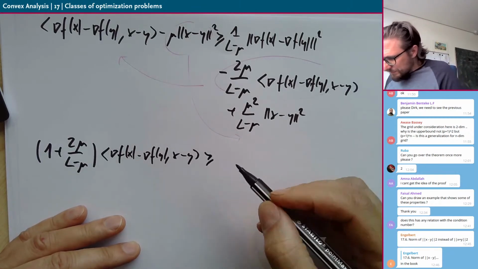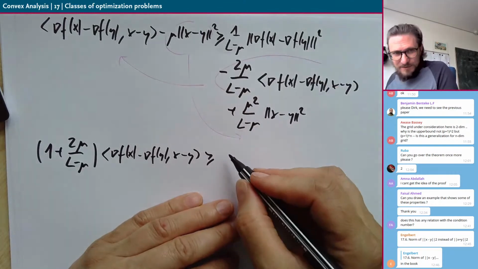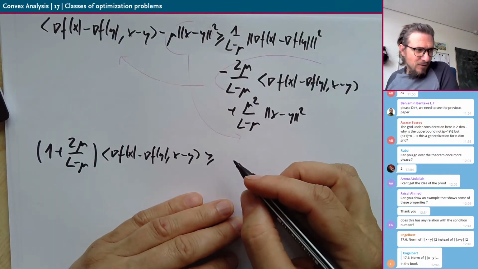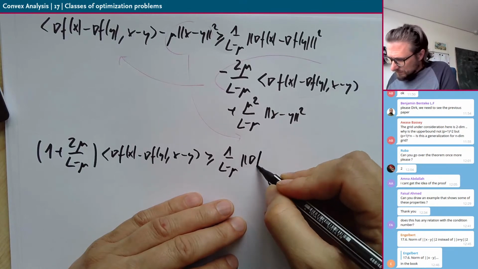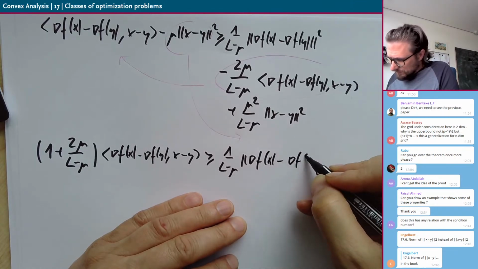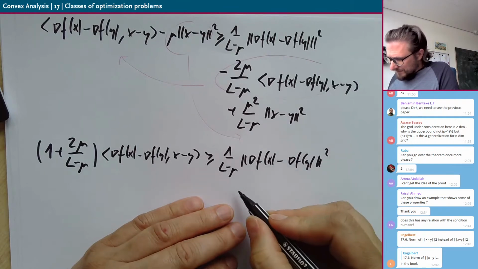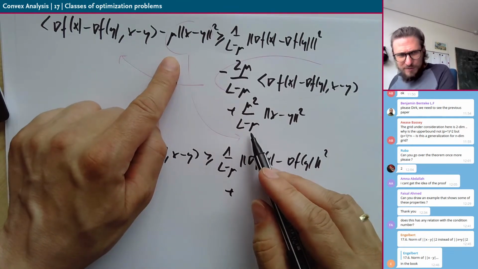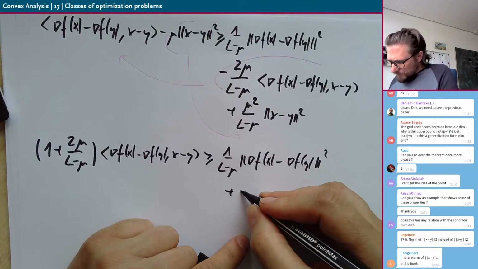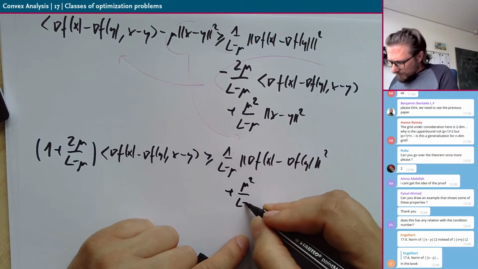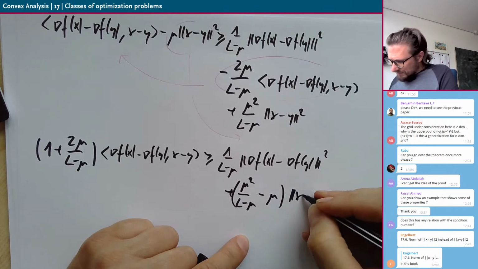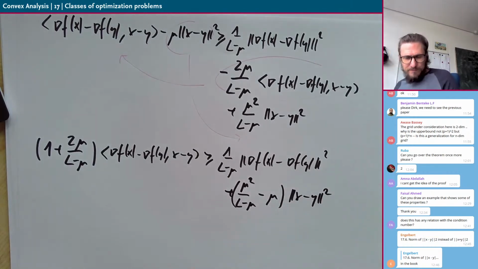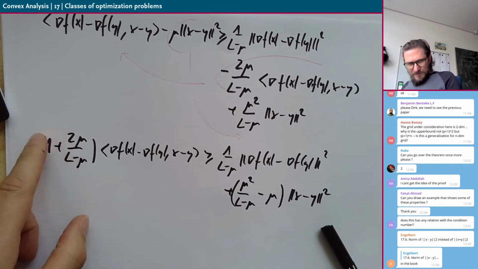And this is larger or equal to, well, that one is already nice. It's not as it should be, but it's close. And then it's plus, and now this looks a little bit weird, mu squared over L minus mu times norm of x minus y squared. So that should be it. We only need to divide by this.